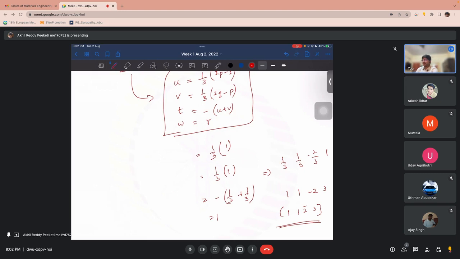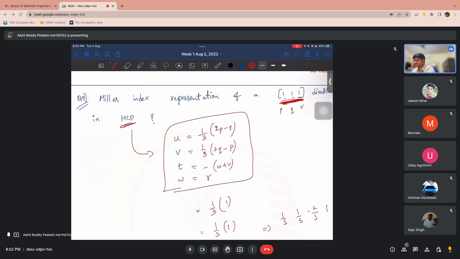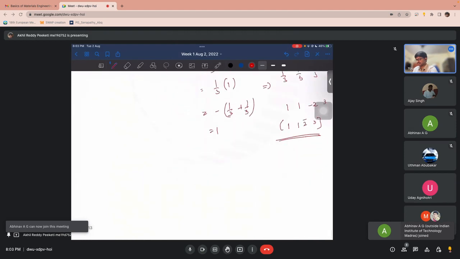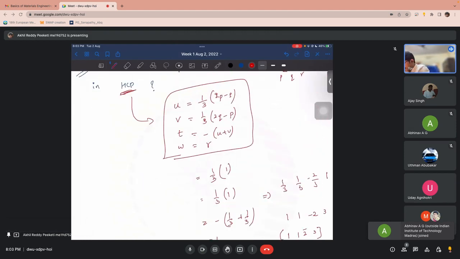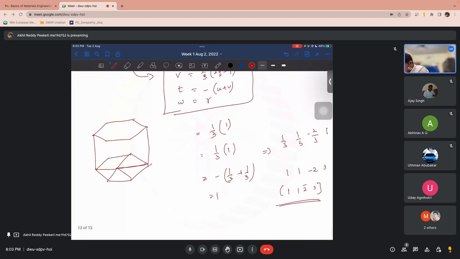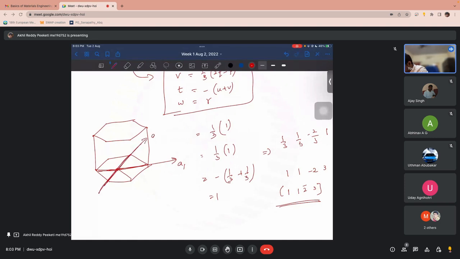So is this clear? How to go from this 3-dimensional Miller index to the HCP Miller index system? In the HCP system, this axis is A1, this axis is A2, and this axis is A3.